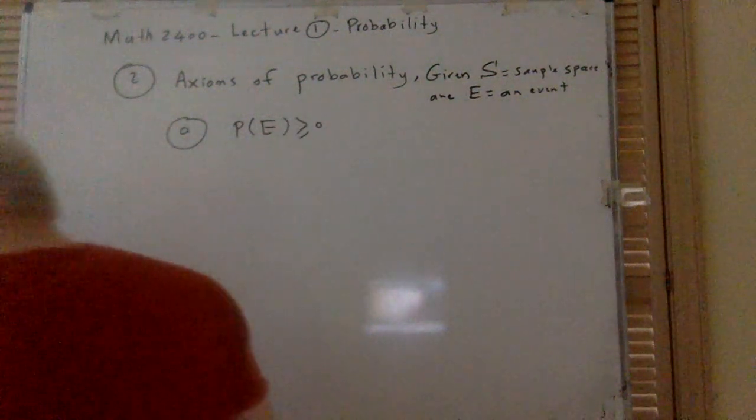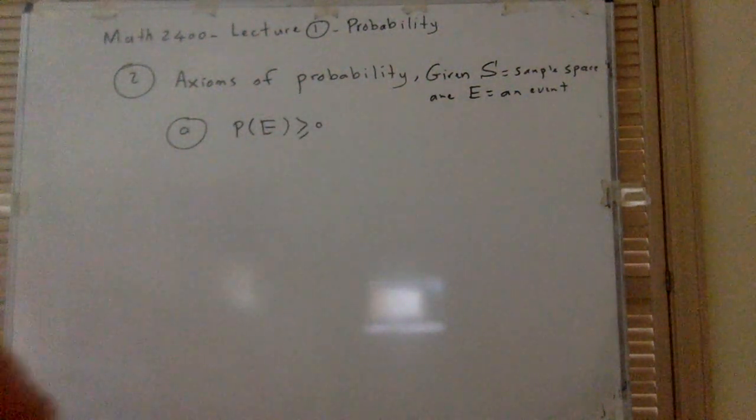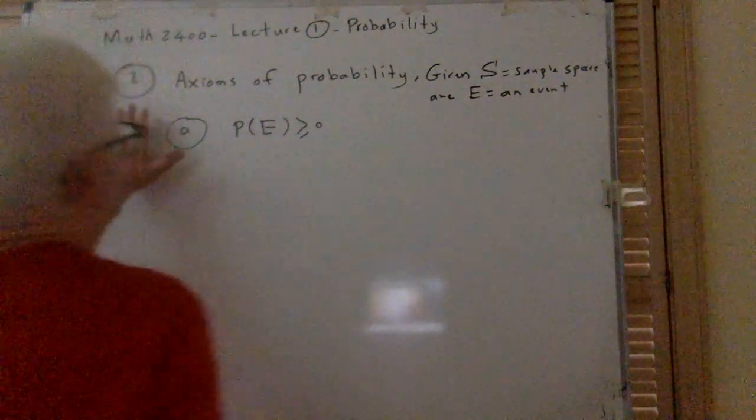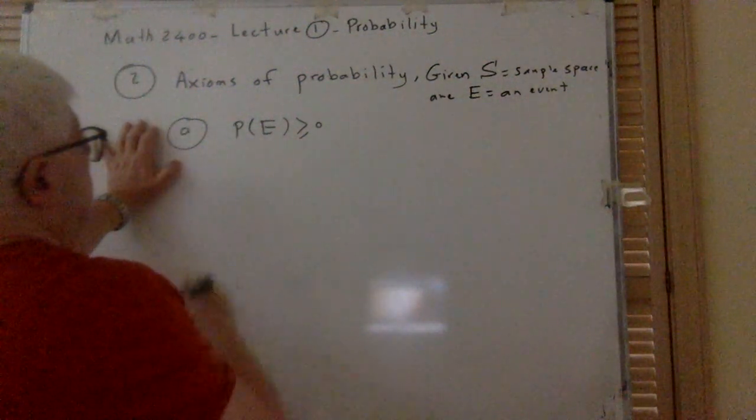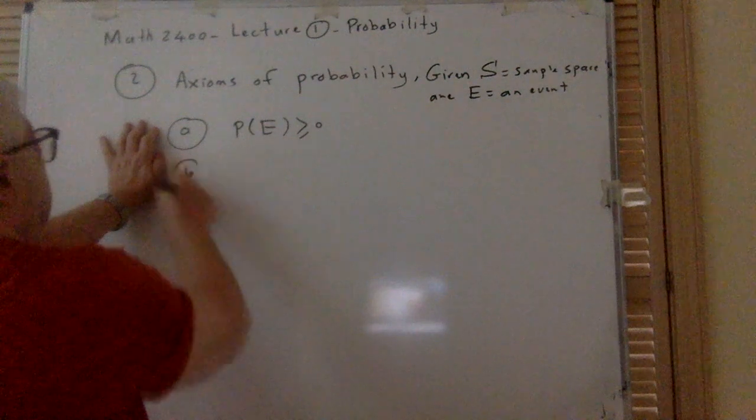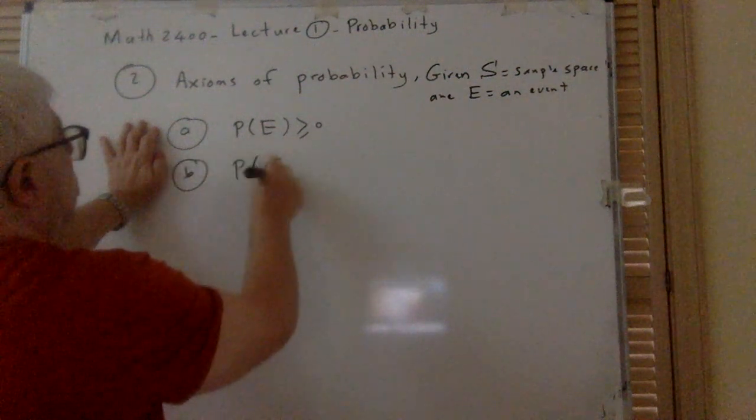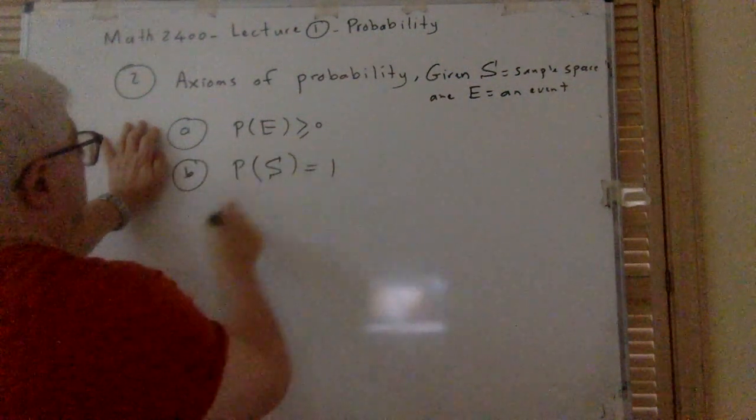Well, I guess the book uses, well, that's okay. So P of event E is bigger than 0.